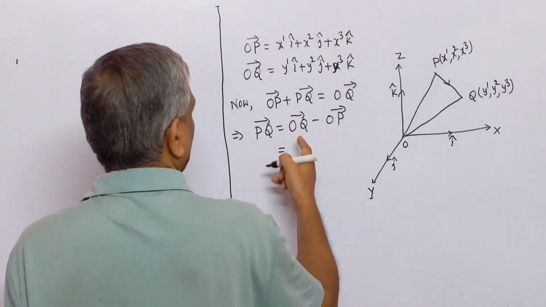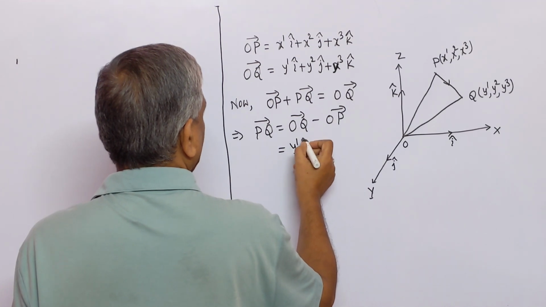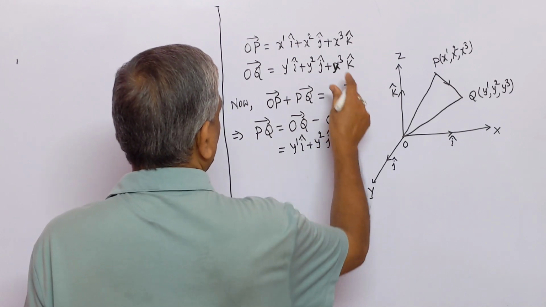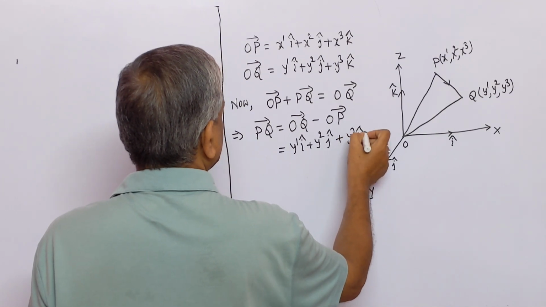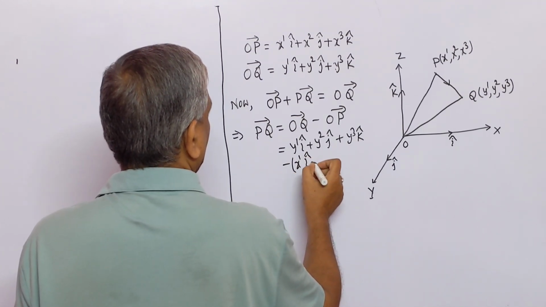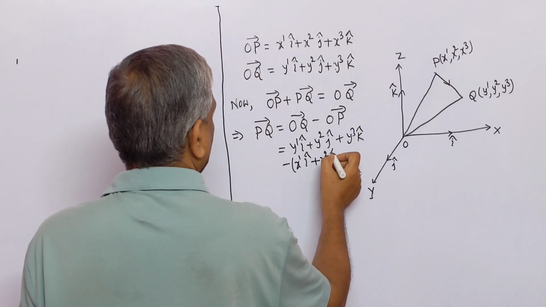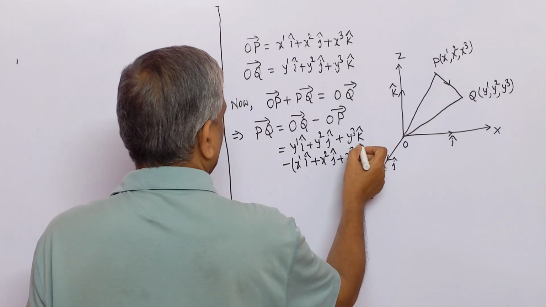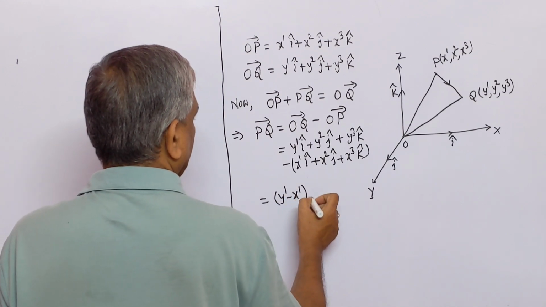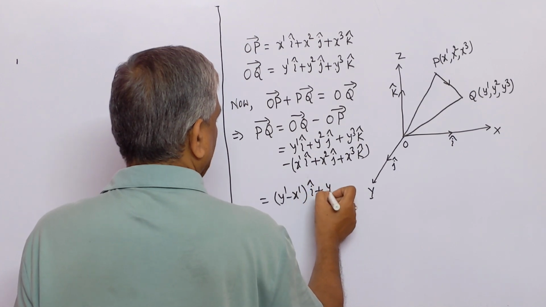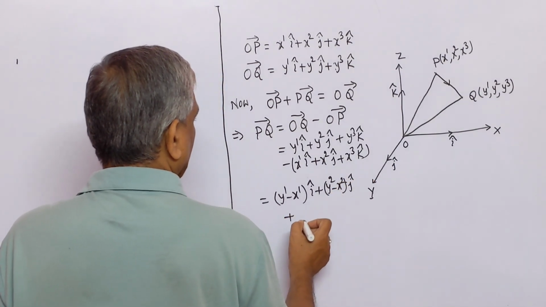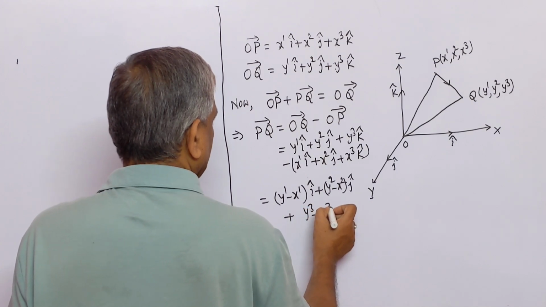This equals, putting OQ, y1 i plus y2 j plus y3 k minus x1 i plus x2 j plus x3 k. This equals y1 minus x1 times i plus y2 minus x2 times j plus y3 minus x3 times k.